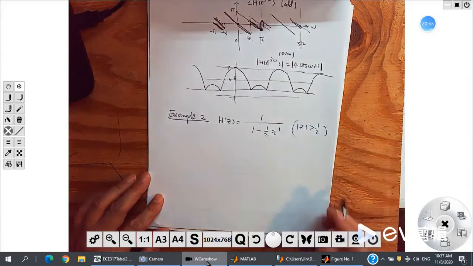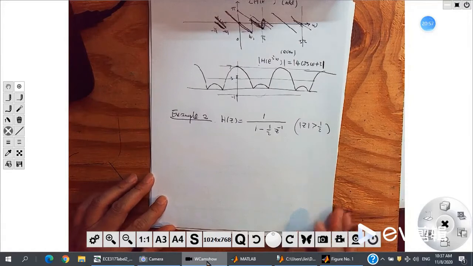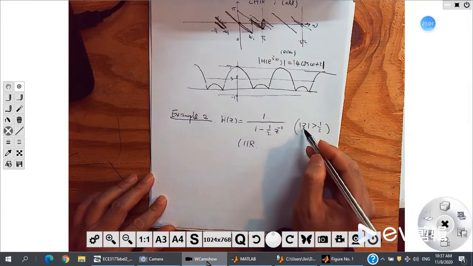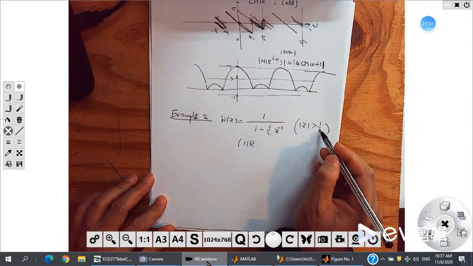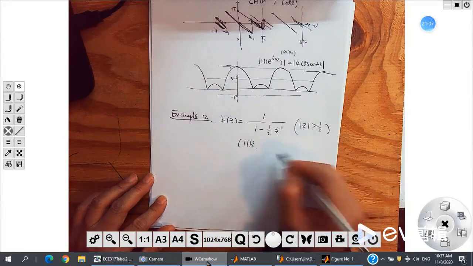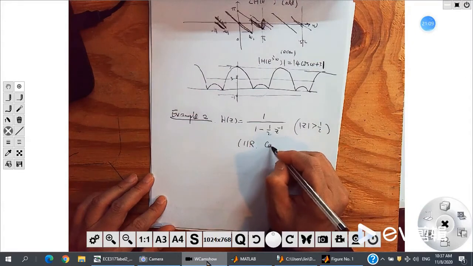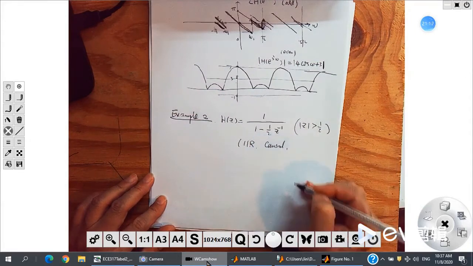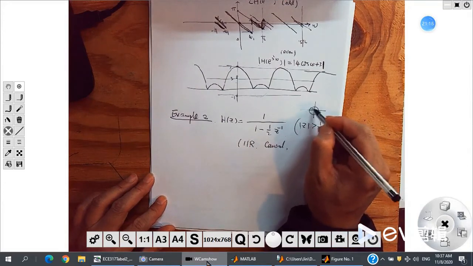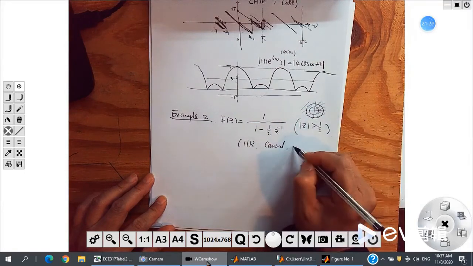Then we know this is an IIR filter, and the z is on the larger side, so this is causal. And the unit circle is part of the ROC, so it is stable.